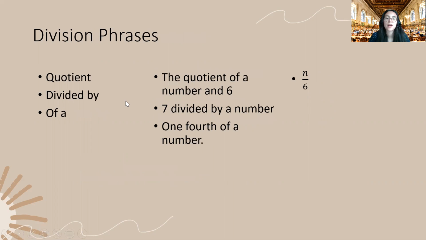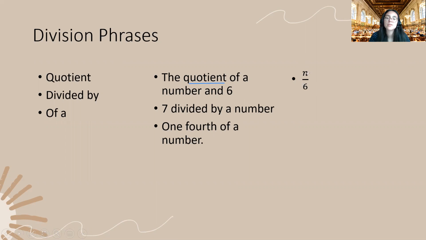Okay, so now finally we're going to discuss our division phrases or vocabulary words, and we have 3 of them. We have quotient, divided by, and of a. And in the middle we have the examples of how we use them. So for the first one, we have the quotient of a number and 6.